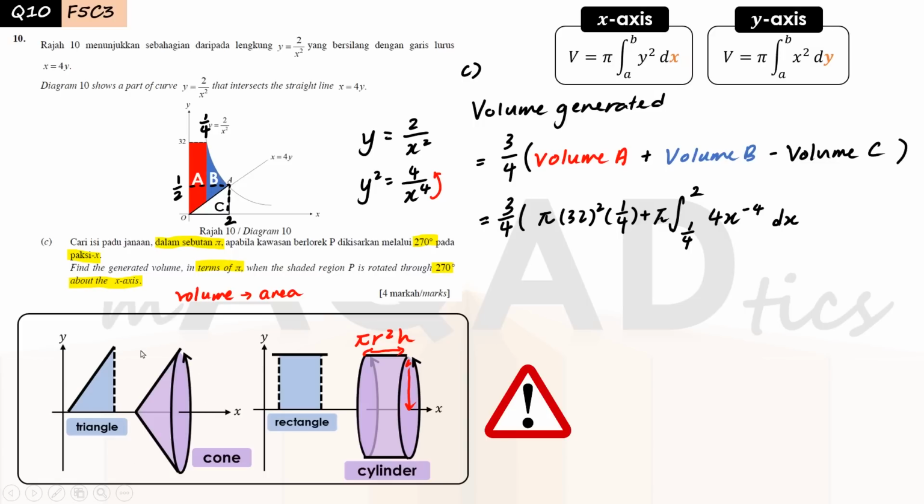And lastly, for volume C, area C is a triangle, and if we rotate the triangle around the x-axis, it will produce a cone. So we can use the formula for cone, which is 1 over 3 pi r square h. We're going to start off with negative 1 over 3 pi.